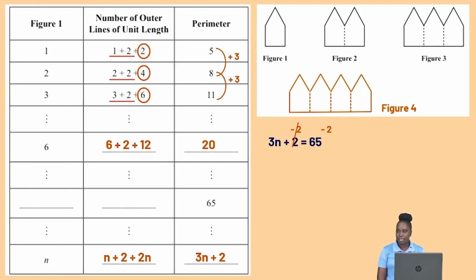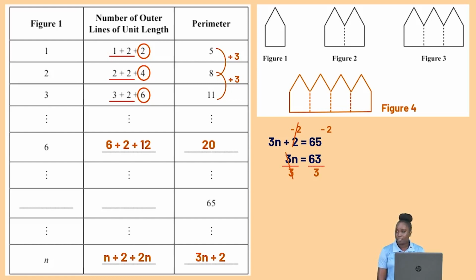So if we rewrite this equation, it now becomes 3n is equal to 63, because 65 minus 2 is 63. Now we have 3n is equal to 63, and that is an example of multiplication. So we need to get rid of 3, and to get rid of multiplication, we do the opposite, which is division. And so we're going to divide both sides by 3.